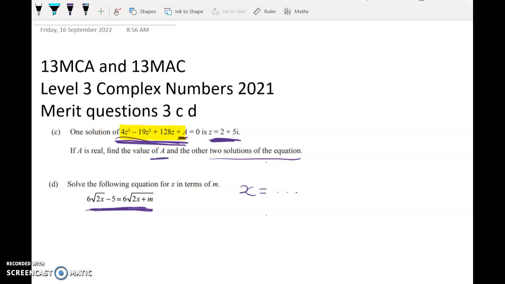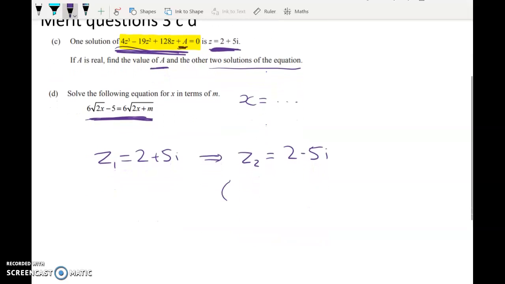So here's my polynomial, and we're told that one solution is z equals 2 plus 5i. So we'll call that z1. The second solution is going to be 2 minus 5i, and that's by the conjugate root theorem. What we can do from there is work out what the quadratic factor is as follows.